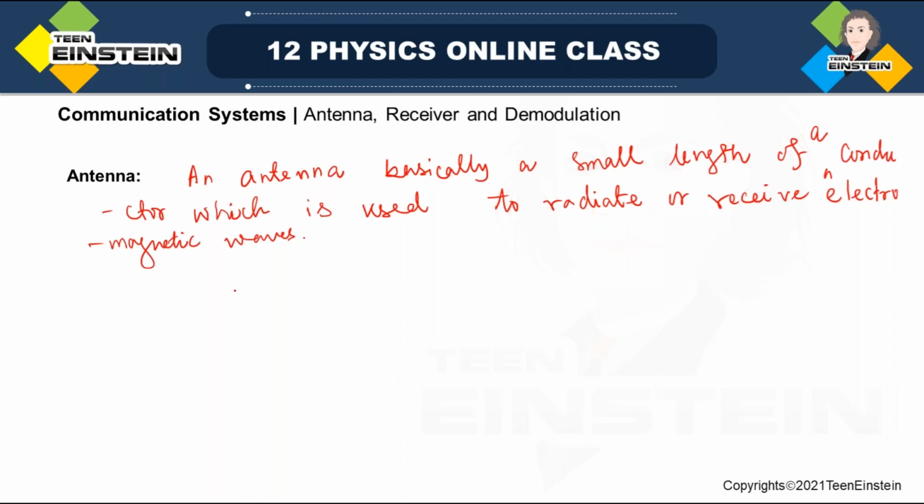Antennas are used both at the transmitter end and receiver end. What is the role of this antenna at the transmitter end? Generally, it converts high frequency current into electromagnetic wave.